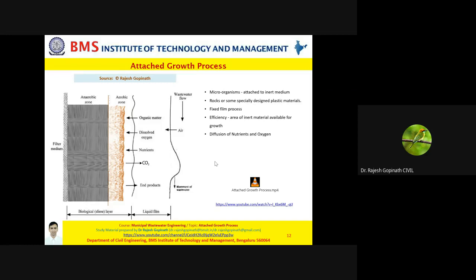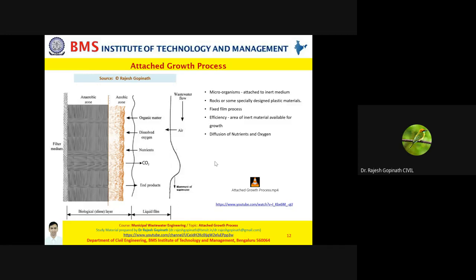These inert mediums could be rocks or any corrugated surfaces, ceramics, or designed plastic materials. This is purely a fixed film process, and how efficient your process is depends on how much surface area is available due to the inert materials.